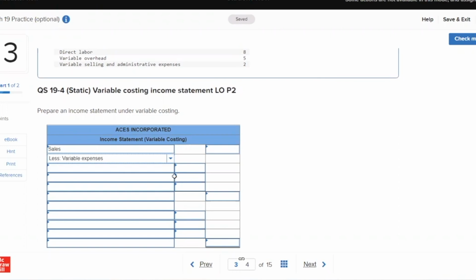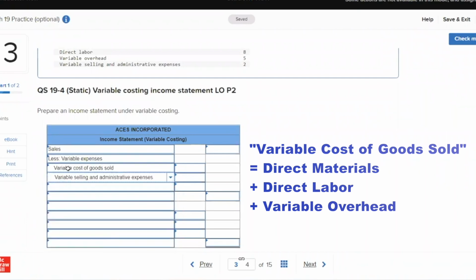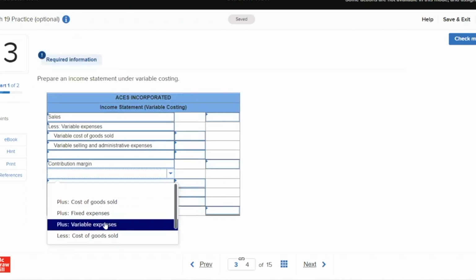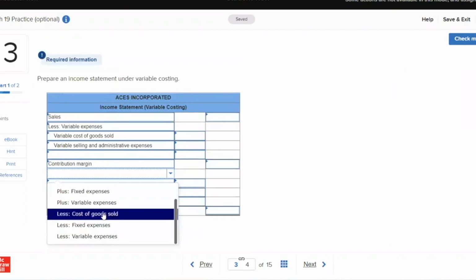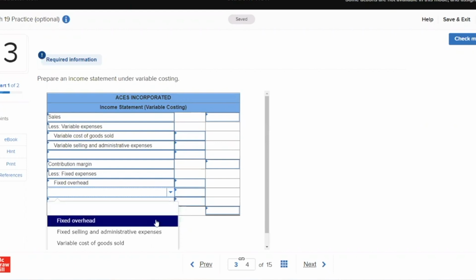That includes direct materials, direct labor, variable overhead, all that stuff. Some problems call it variable production costs. That gives you contribution margin. Then we take out our fixed expenses, which are our fixed overhead and our fixed selling and administrative.